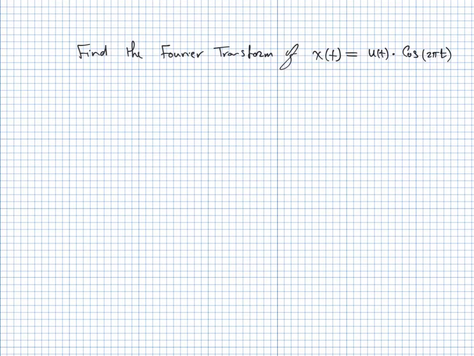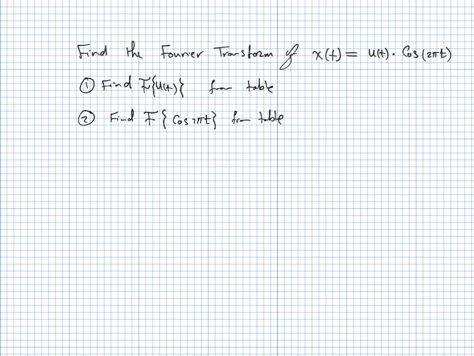So we want to do the following. Number one, find u of t as a Fourier transform from the table. Number two, find the Fourier transform of cosine 2 pi t from the table.